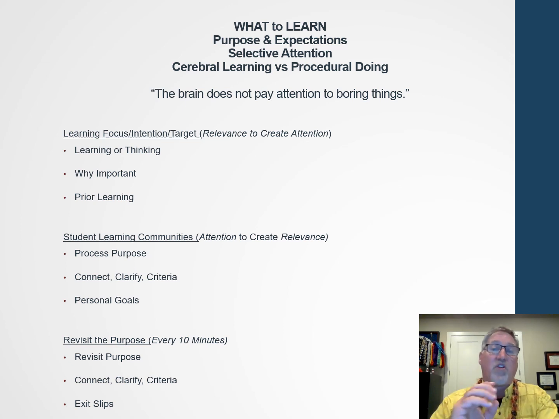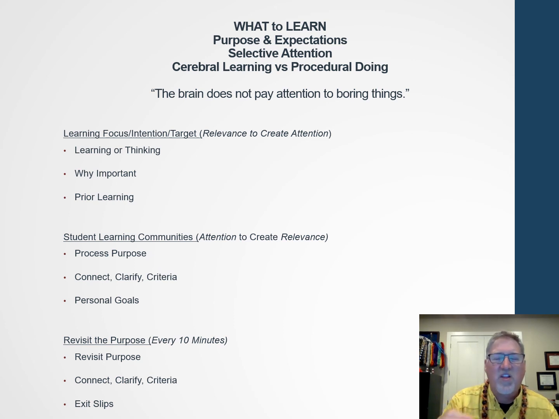So there's three bullets. The first one, I'm hoping throughout this class, you're really going to start embracing and using this common language throughout your organization. Learning and thinking. Why is it important? Prior learning. Student learning communities where they pay attention to create their own relevance, but they process the purpose.